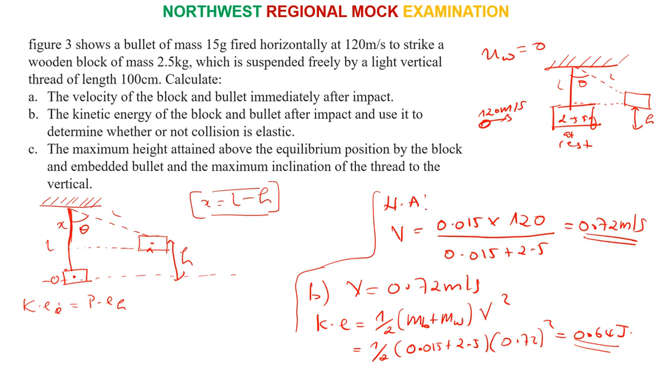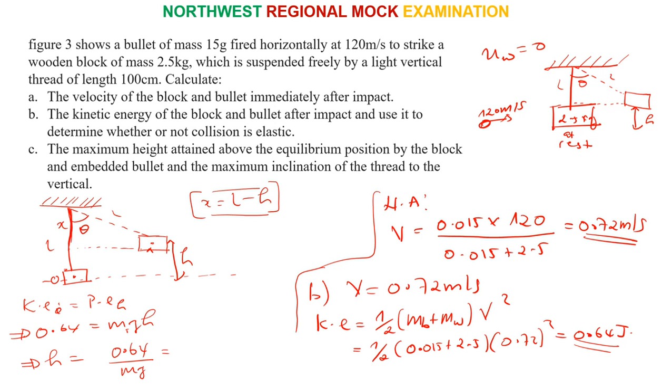The kinetic energy at O is the kinetic energy of the block-bullet system, and that kinetic energy we calculated to be 0.64 joules. So I'm going to replace 0.64 to be equal to mgh. But remember, the mass is the total mass of the block and the bullet.